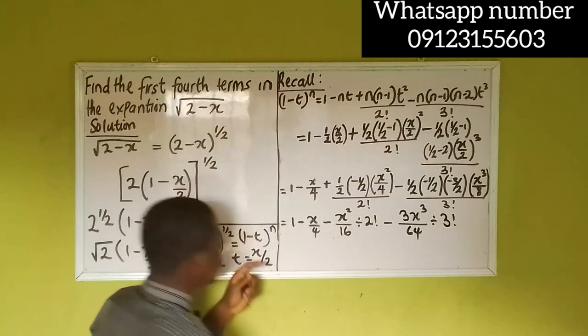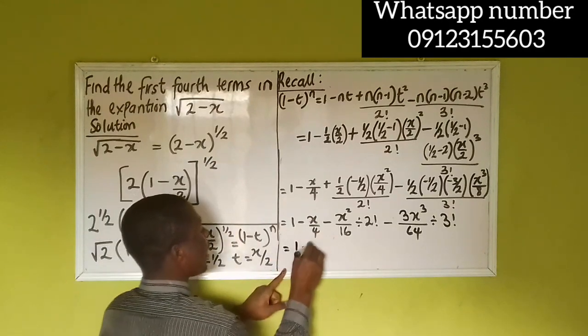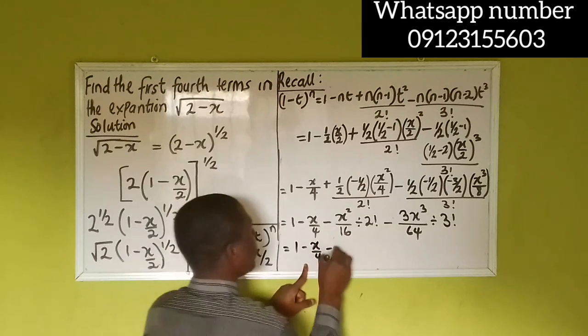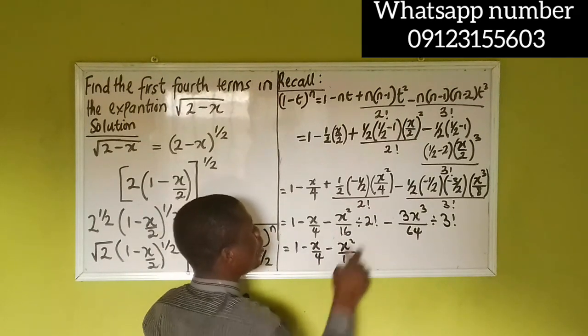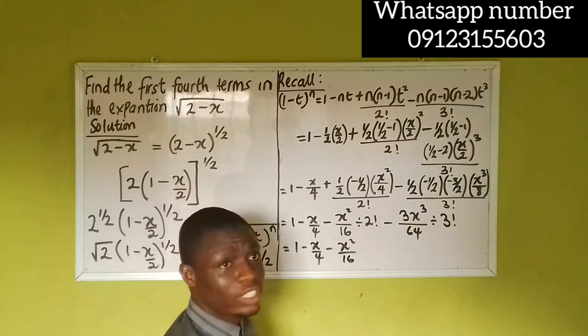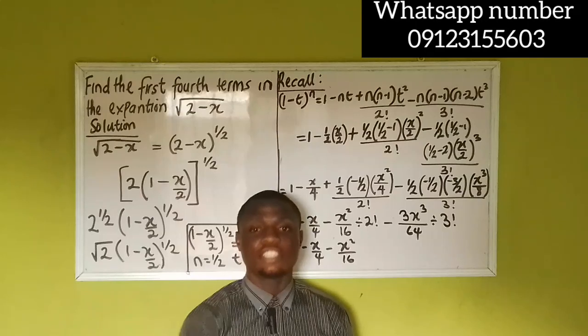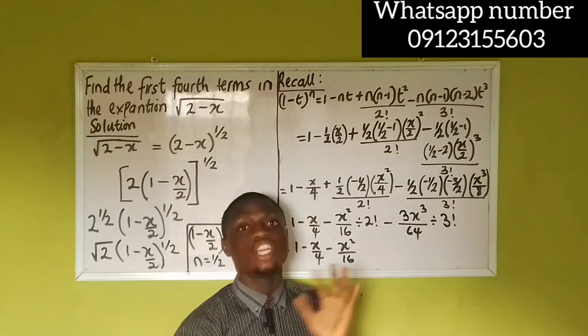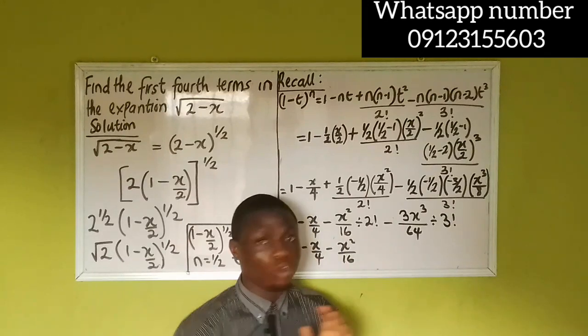Now, at this stage, that will be my value, that becomes 1 minus x over 4 minus x squared over 16, divided by 2 factorial. We just discussed that factorial is simply the multiplication of consecutive terms in descending order such that each term differs from the previous one until 1.